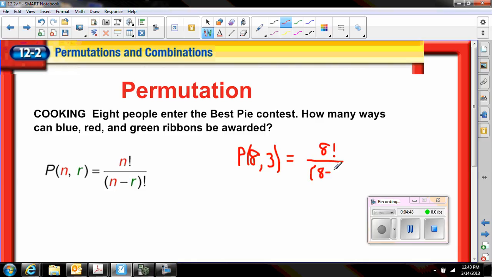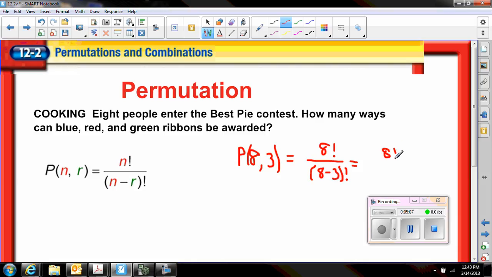8 minus 3 factorial. Now, factorials grow very, very fast. So your calculator is not going to be able to handle some of these big factorials that you try to do. So your best bet is to try to simplify first.